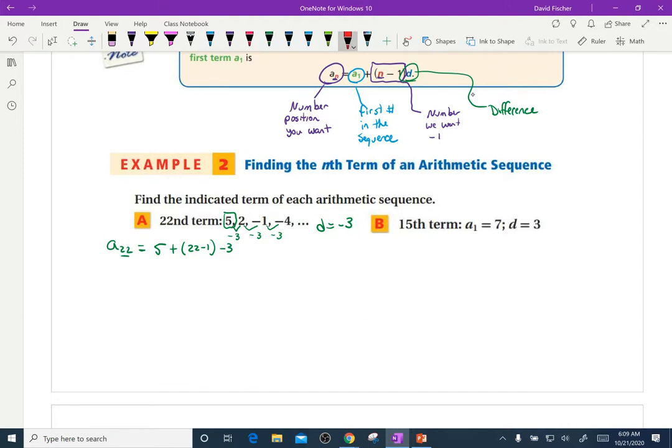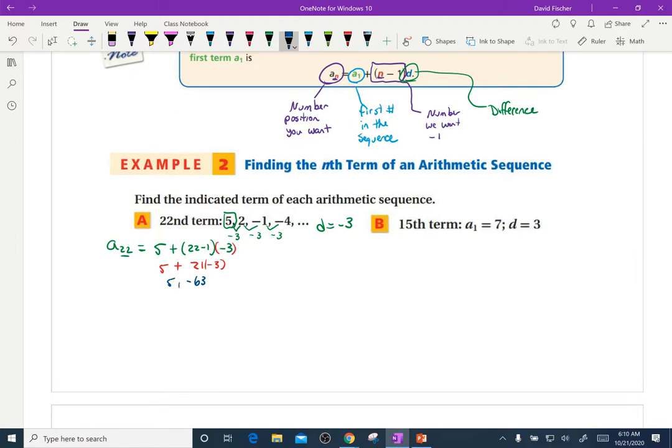Order of operations says I have to do my parentheses. So this becomes 21 times negative 3. I'm going to put parentheses around it so I know I'm multiplying that. So now 21 times negative 3, and signs are extremely important. I get negative 63 here. So now I have 5 minus 63.